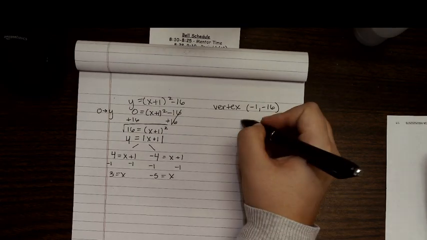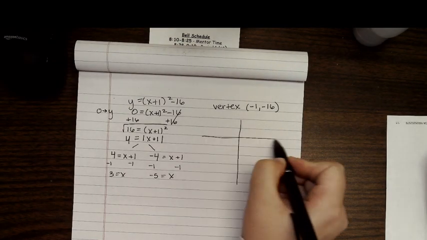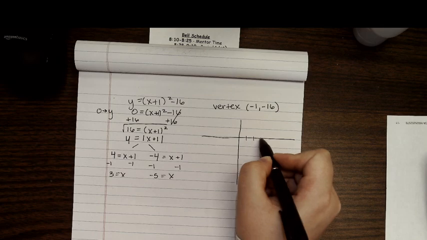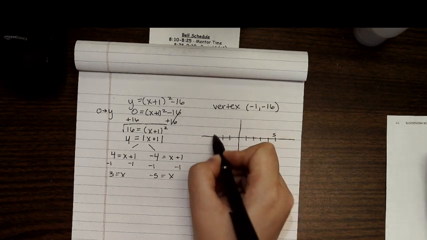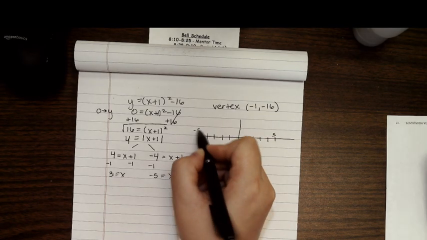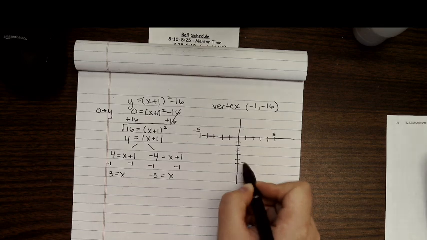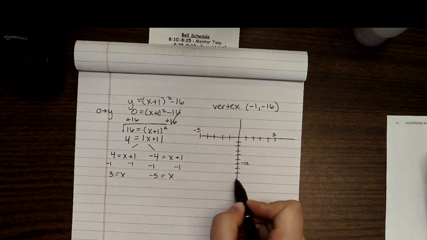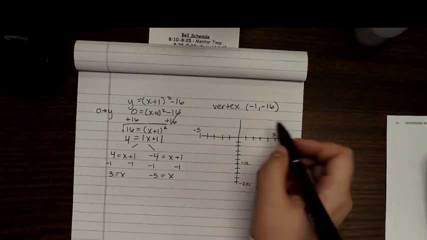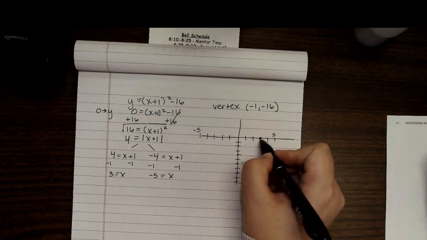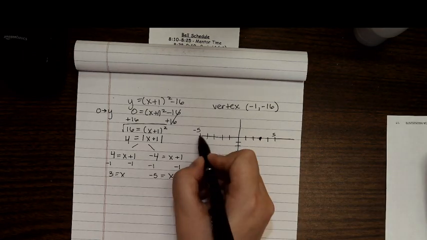So from there, we can now sketch this. So I know I have an x-intercept of 3 and an x-intercept of negative 5.